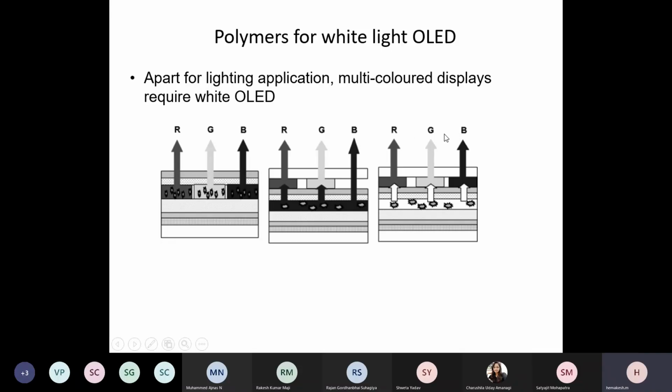And once you have red, green, and blue, you have access to most colors that is required for visualization, and not only for display. If you have all the colors, you can think of white light. So that is the easier way of doing it. A more roundabout or modern way of doing white light emission is through choice of polymers.